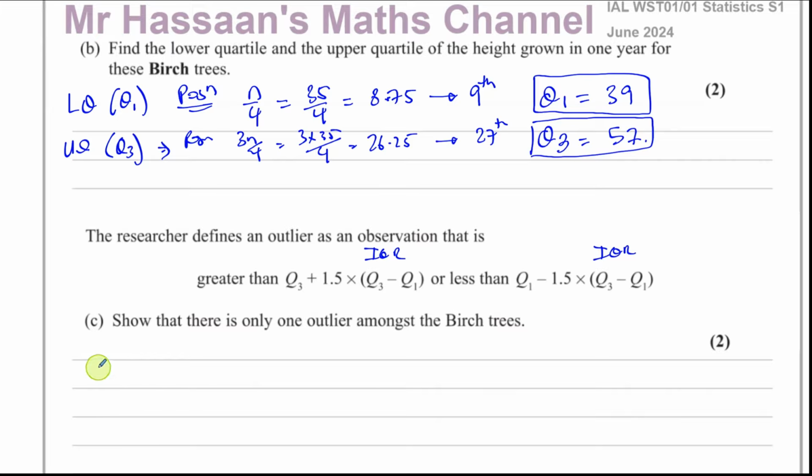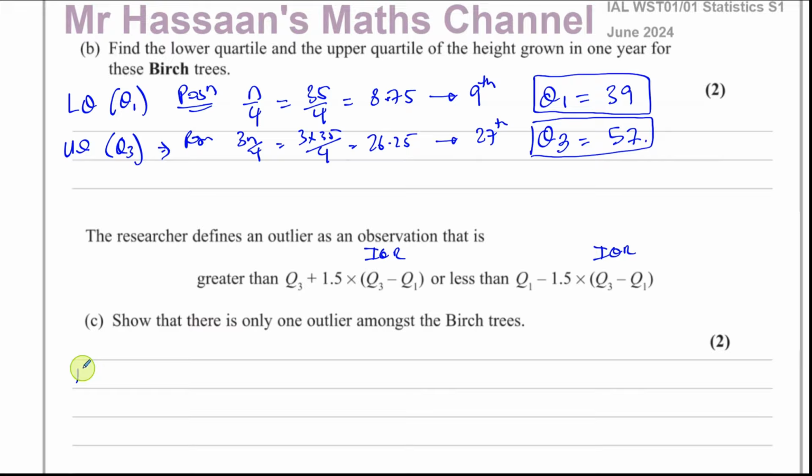So let's start with the higher limit for the outliers. Now an outlier is a value that is so far removed or far away from the rest of the data that it's considered something that we can ignore. So in this case, we're trying to find out, are there any outliers, if this is the definition of an outlier.